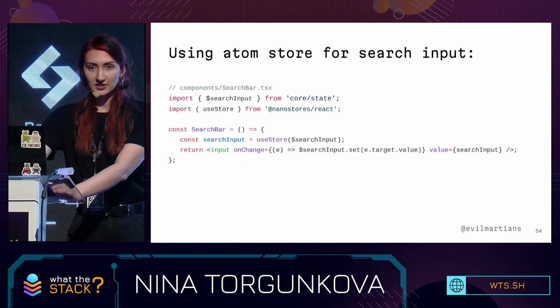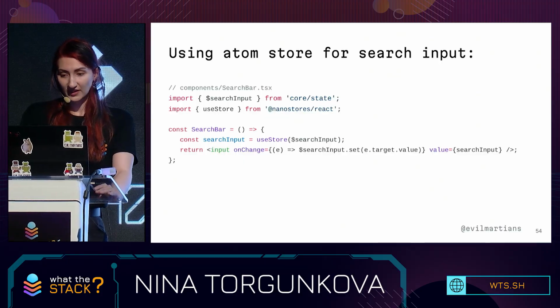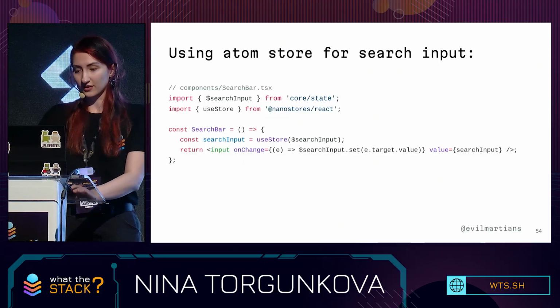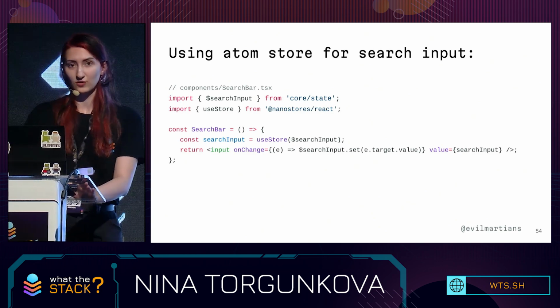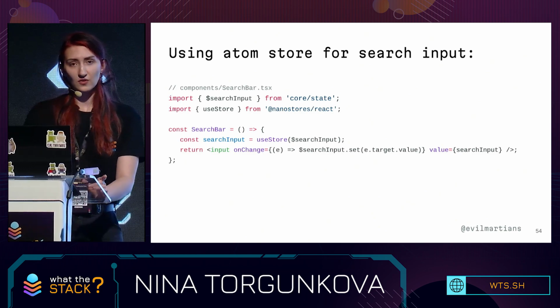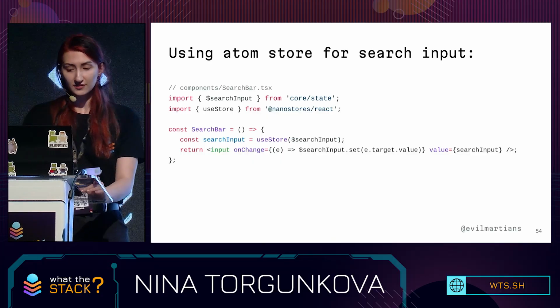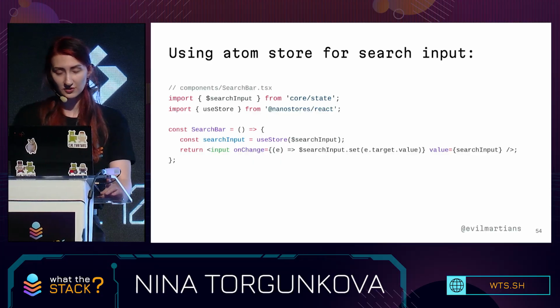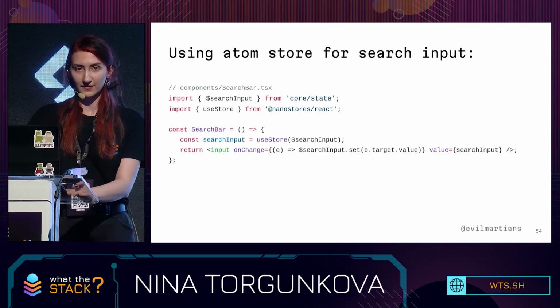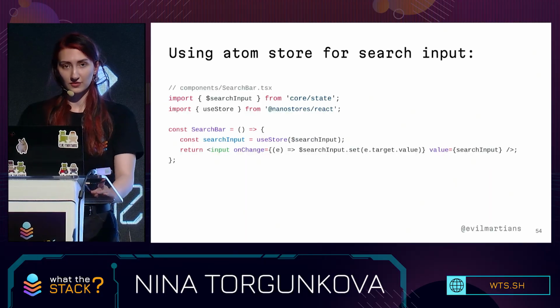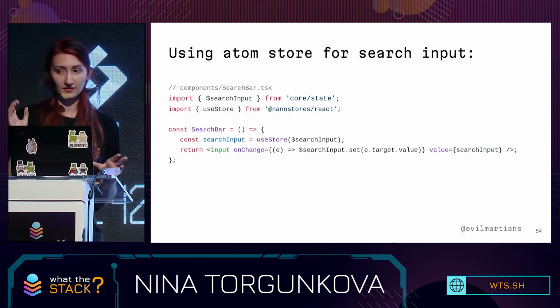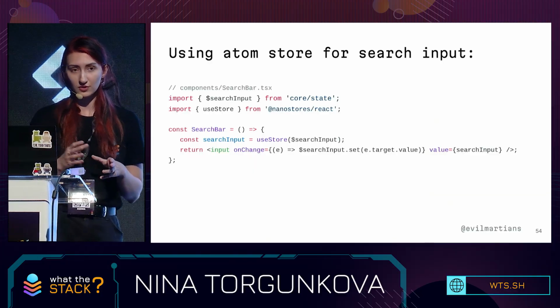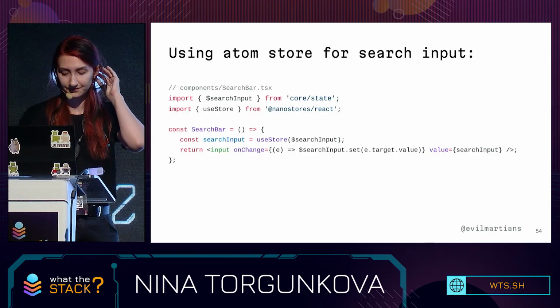Here we return an HTML input, and in its attributes we bind value to the value of our store, and on every change event we invoke a function that sets this value to the store. So the values between this search input and our store are always synchronized.